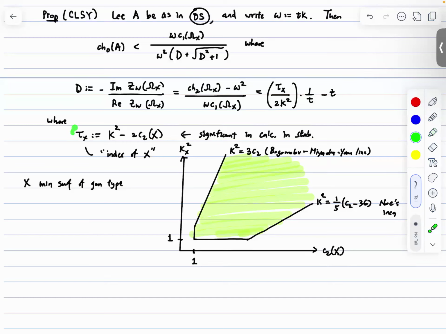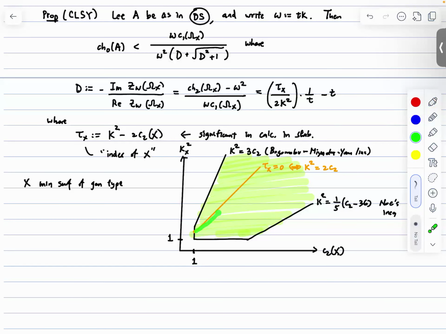And now, if you draw the line tau equals 0, so the line K squared equals 2 C2, you'd get a line through the origin with slope equal to 2. So let's say 1, 2 is here. Let's say this is the line tau sub X equals 0, which is K squared equals 2 C2.